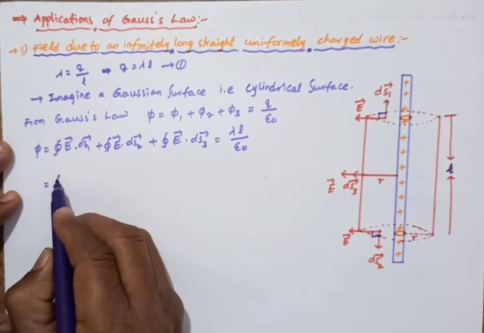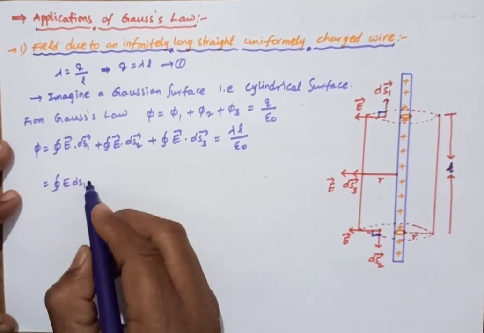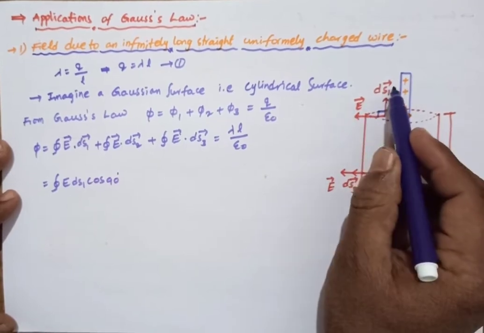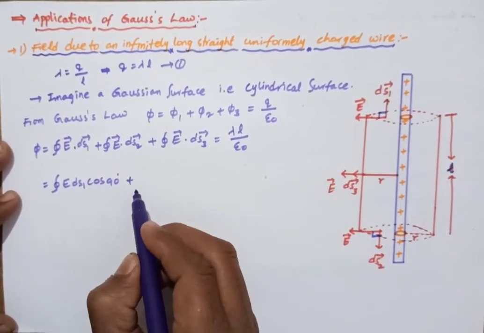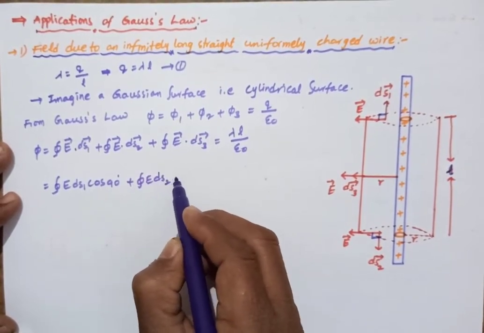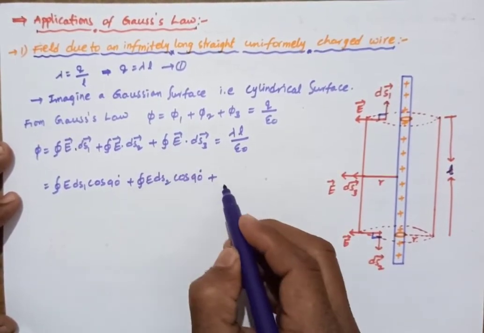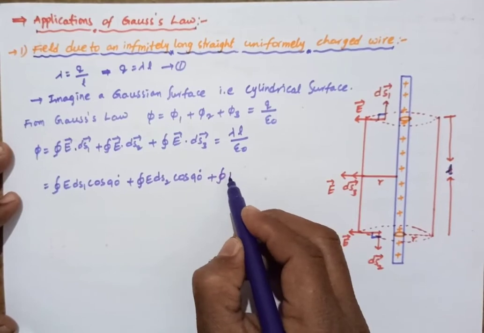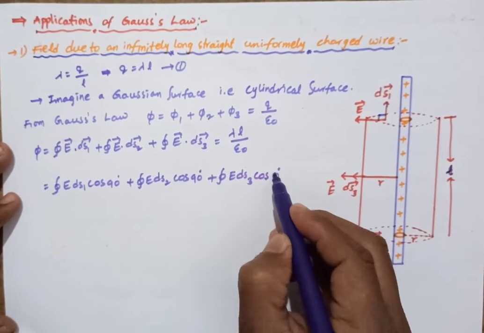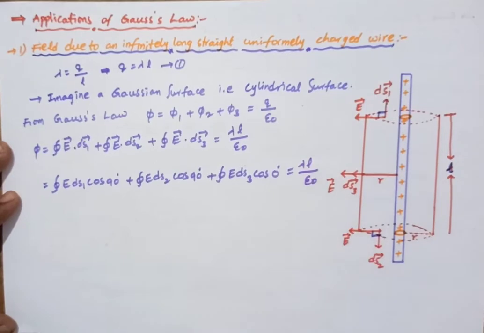That equals the closed integral of E ds1 cos 90 degrees, since the angle between E and ds1 is 90 degrees, plus the closed integral of E ds2 cos 90 degrees plus the closed integral of E ds3 cos 0 degrees, equals lambda L by epsilon naught.